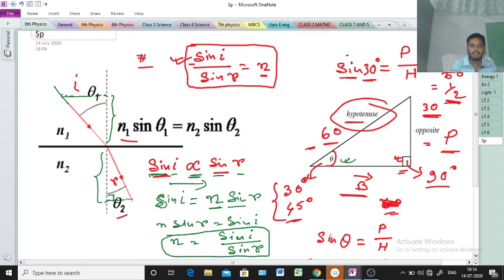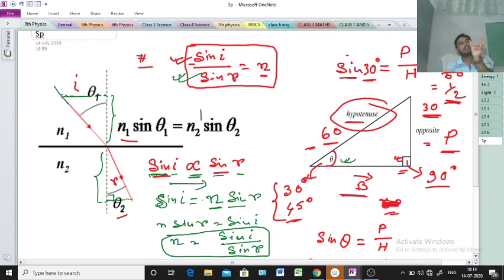Just try to understand this equation. So what is the definition of the refractive index? The refractive index is defined as the sine of the angle of incidence to the sine of the angle of refraction. Clear or not? Just tell me.